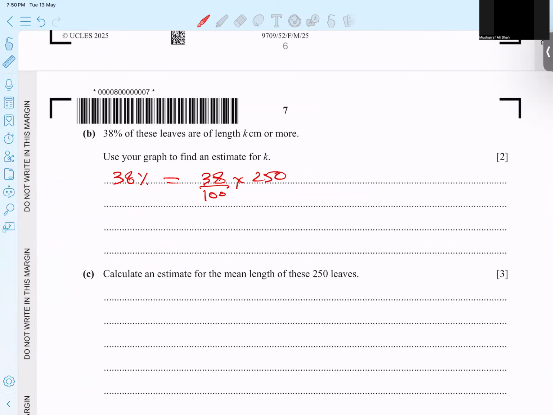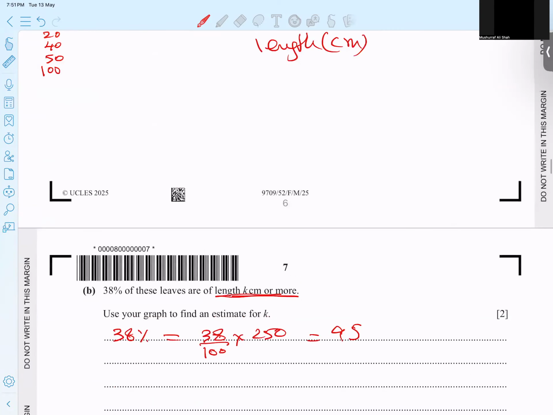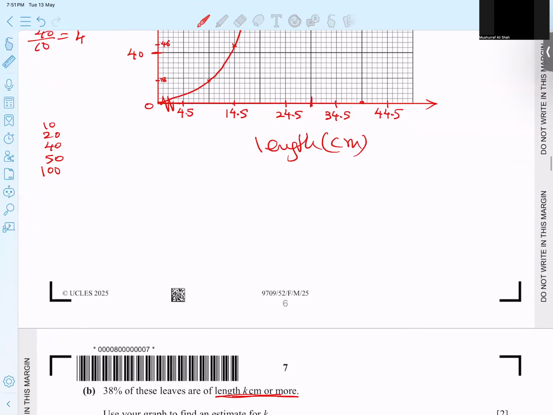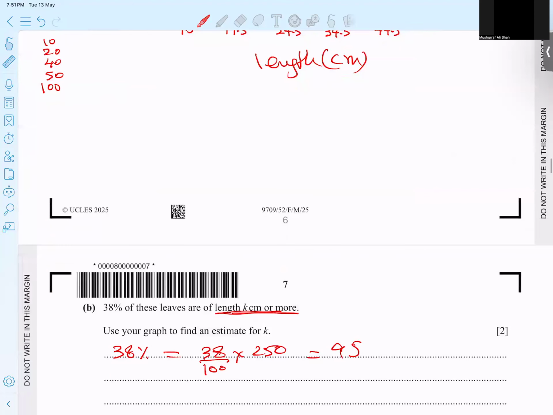If I check in the calculator, 38 divided by 100 times 250, I get 95. But 95 is not our answer. He said length K or more. So 38% of the leaves are length K or more. So 95 is 95 and more.